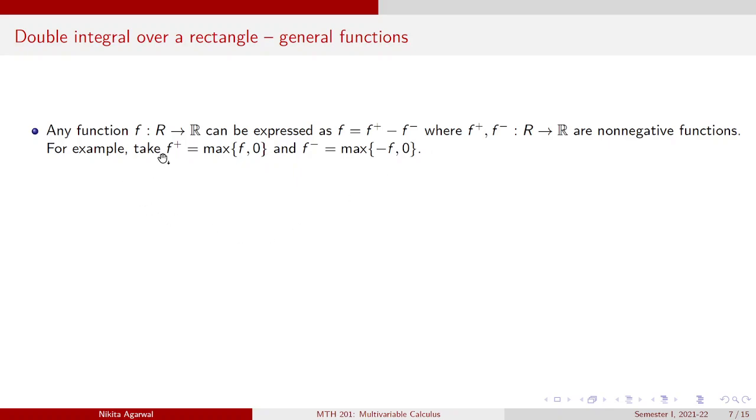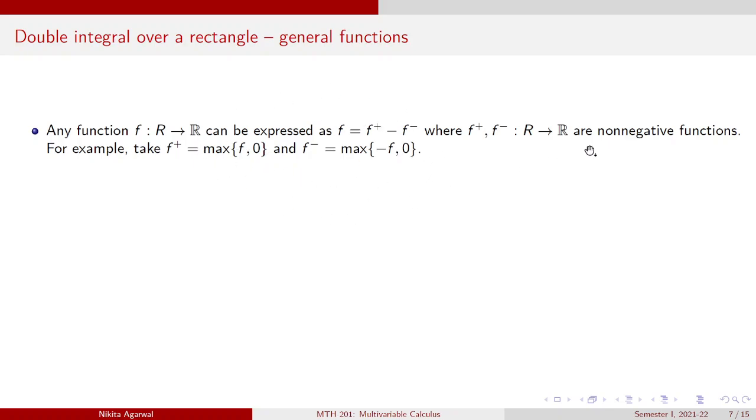For example, if I take f plus to be the maximum of f and 0, which is also called the positive part of f, and f minus to be the maximum of negative f and 0, which is often called the negative part of f, then f can be written as f plus minus f minus. I would like you to check that this is indeed true.